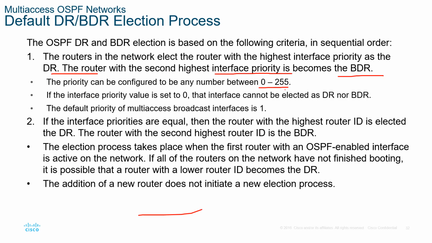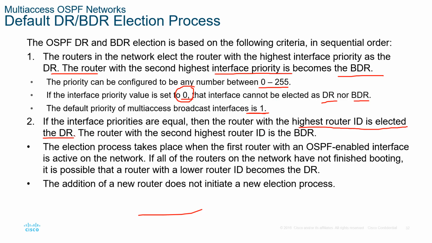If the interface priority value is set to 0, that interface cannot be elected as the DR nor the BDR. The default priority value is 1. So if you want to disqualify any router from participating in the election, just change the priority value. If the interface priorities are equal, then the router with the highest router ID is elected as the DR.